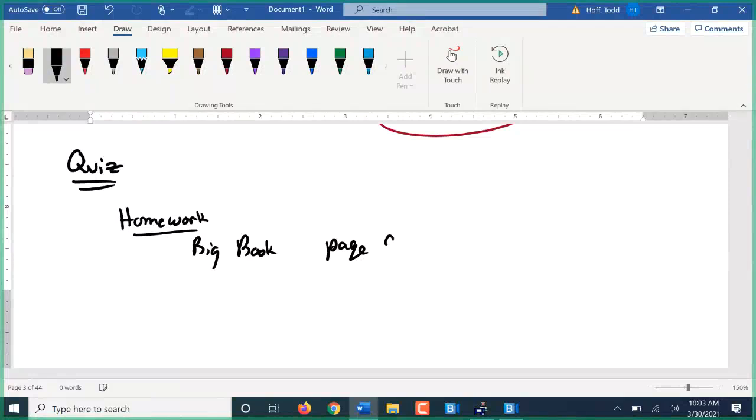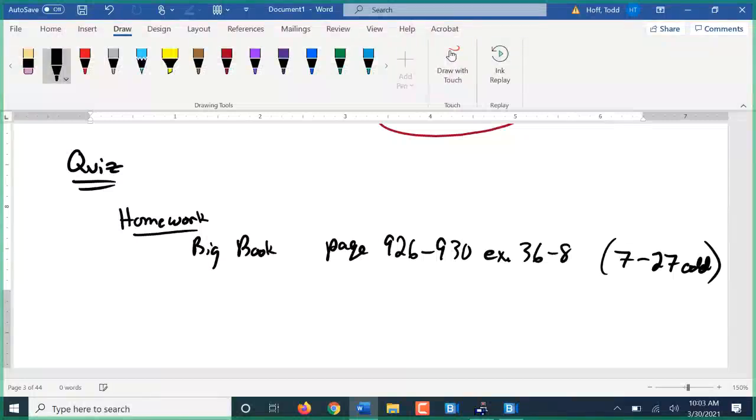Page 926 through 930. Exercise 36-8. 7 through 27, the odd. This is applications of law of sines and cosines in problem solving. So make sure you go through them, because it is often difficult to figure out what am I going to use, law of sines or law of cosines. So make sure you've gone through at least several of those problems.